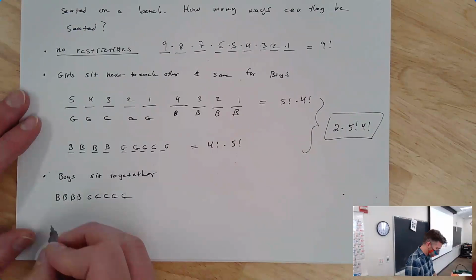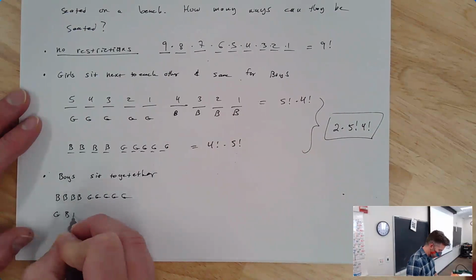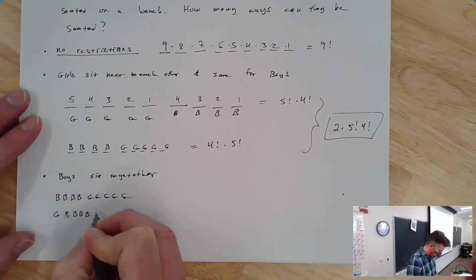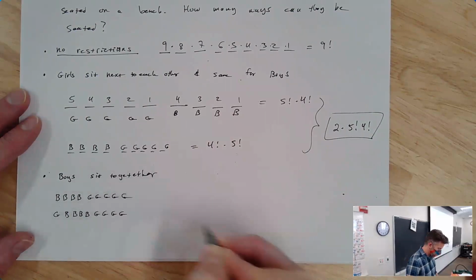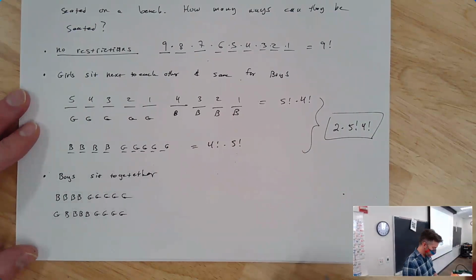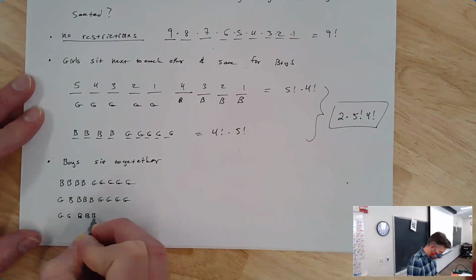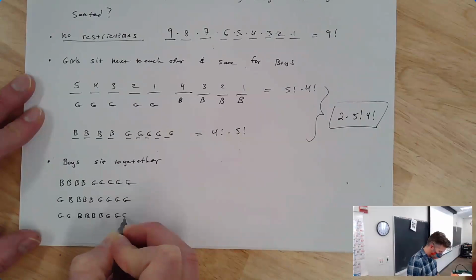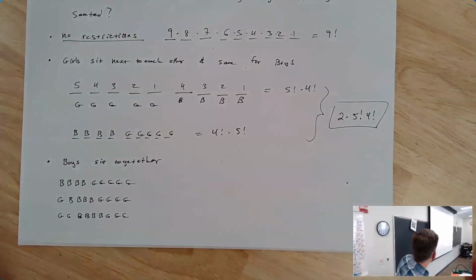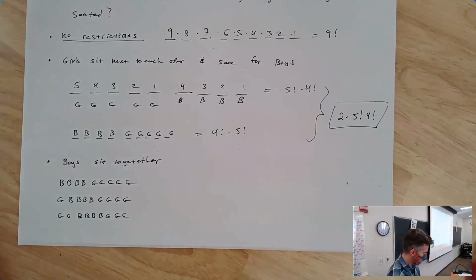But I could also have something like this, where first there's a girl and then there's 4 boys, and then girl, girl, girl, girl. Or I could have girl, girl, and then boy, boy, boy, boy. How many different leftmost seats can the boys start at?